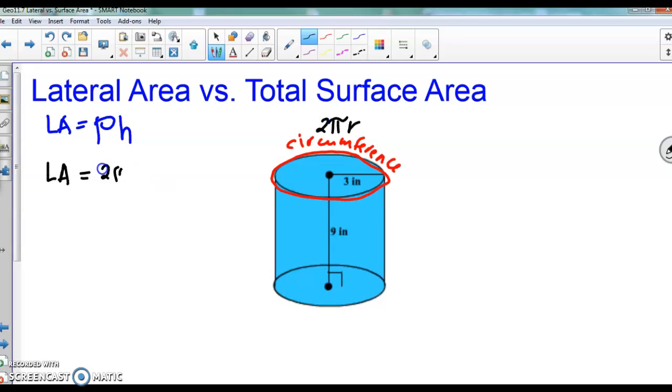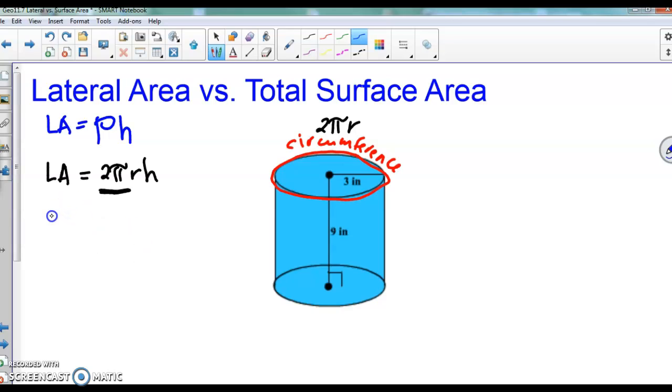So sometimes they give you 2 pi r h. Where did this come from? It came from the circumference of the circle. But I prefer to use the general formula, ph, because then I only have to memorize one, and if I understand what perimeter is, then I can get the perimeter of any shape for the base.